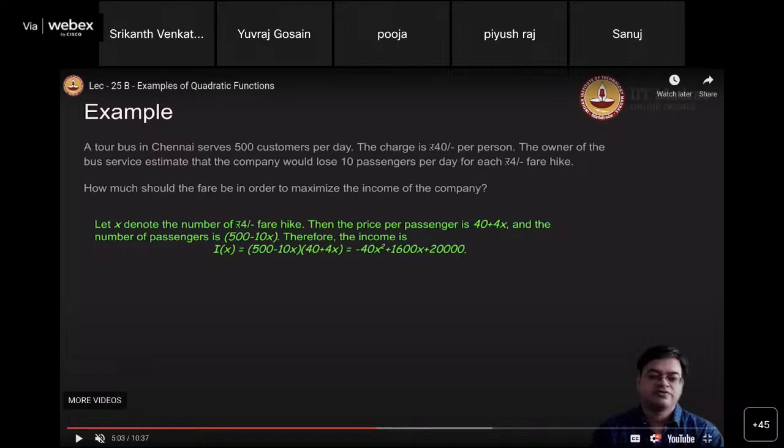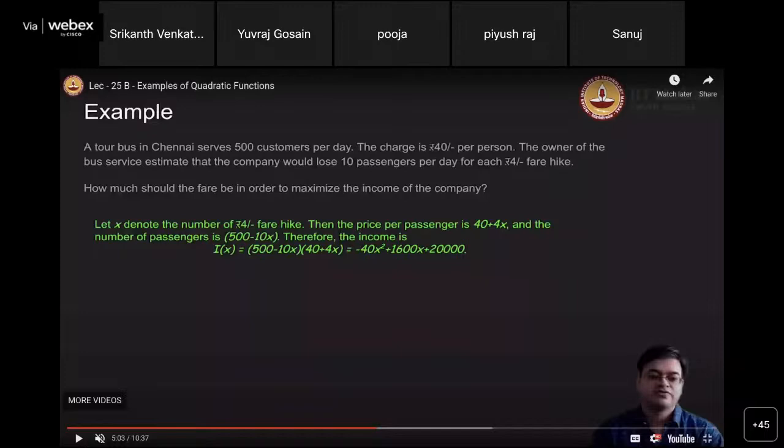Now as we have seen initially, if the charge for each person is 40 rupees and you have 5 persons, we are multiplying: charge per person into how many persons there are.